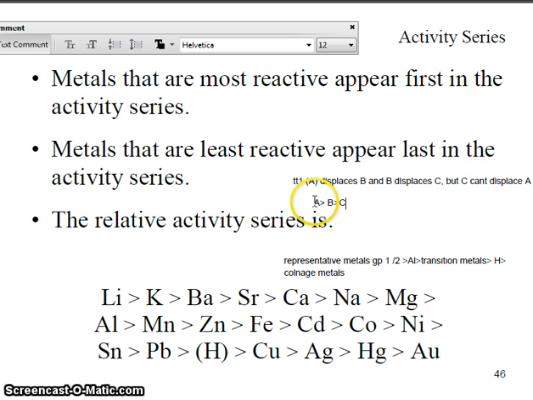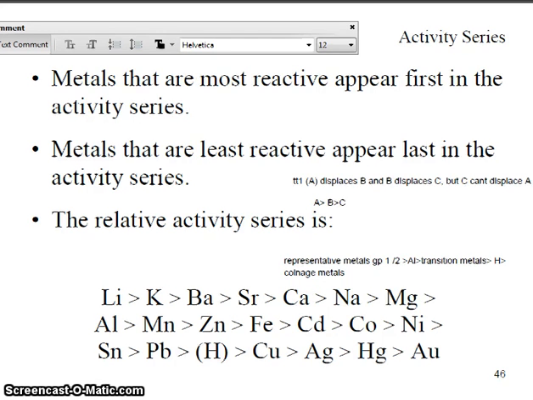C is much lesser than A, so it would not be able to displace A. On the other hand, A will be able to displace C as well. So the way I just wrote that is the order.